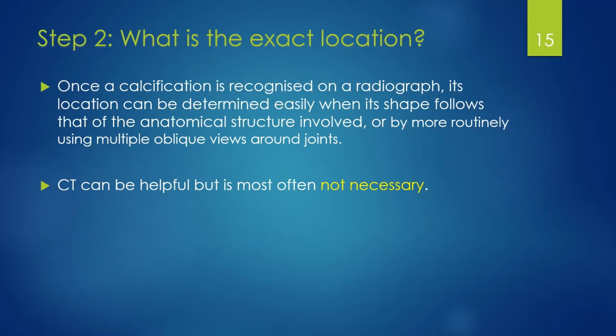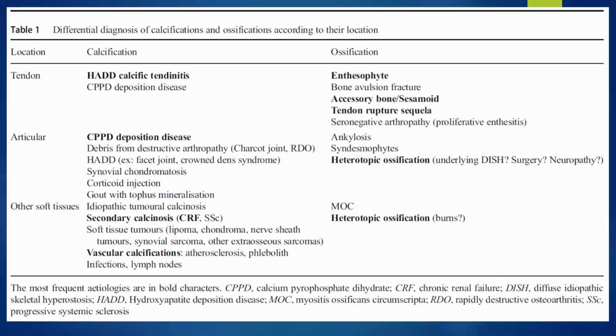CT also can be helpful, but it is most often not necessary. Here is a table that discusses the differential diagnosis of calcifications and ossifications according to their location. On the left in location, they can occur in tendons, in articulations, or in other soft tissues.